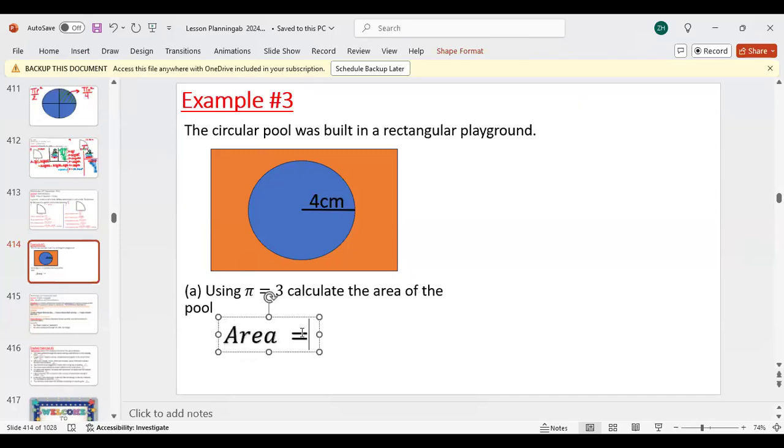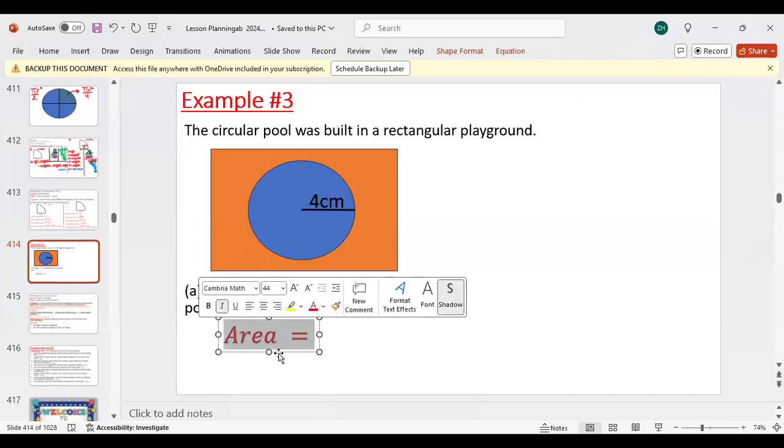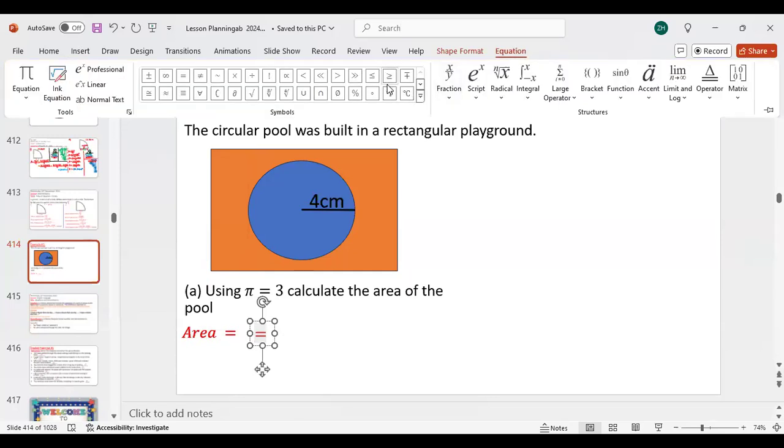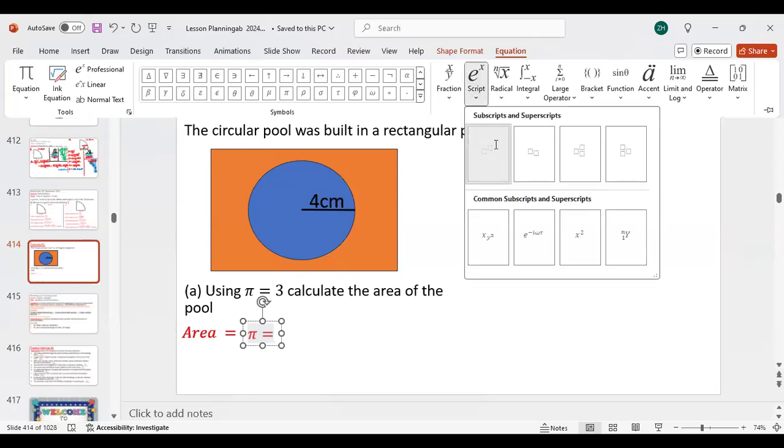Pi r squared. Who said that? Leo, very good. Pi r squared. That's the area of a circle. Remember, this is not a quarter of a circle, not a semicircle, not a sector of a circle. This is the actual circle itself, which is pi r squared.